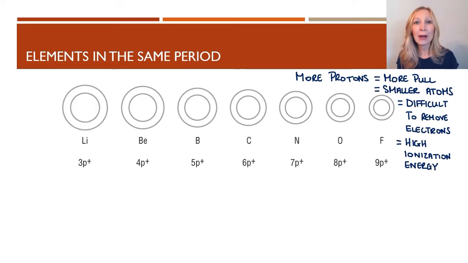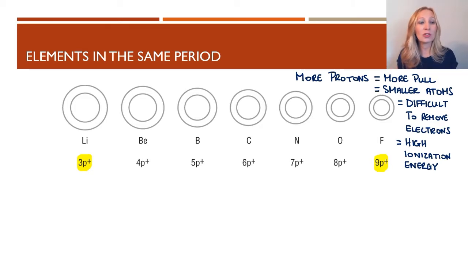Now, if you think about that pull being a magnet, in lithium we would have a weaker magnet in the center, a weaker pull because there's only 3 protons. And if we look all the way to fluorine, we have 9 protons, so we have a much stronger pull toward the center. It's like a stronger magnet pulling those electrons in.